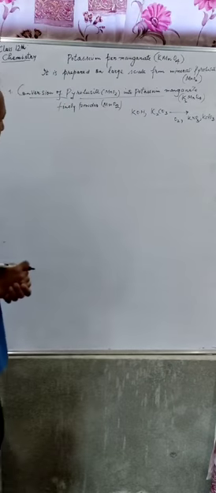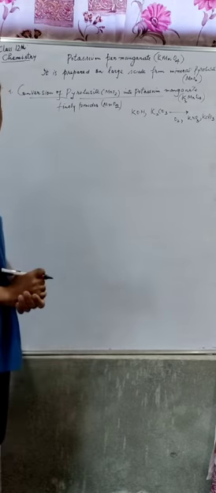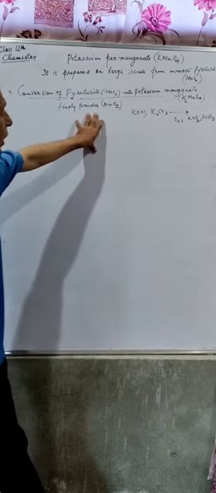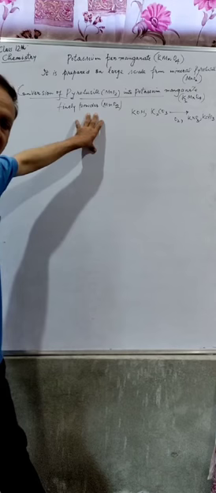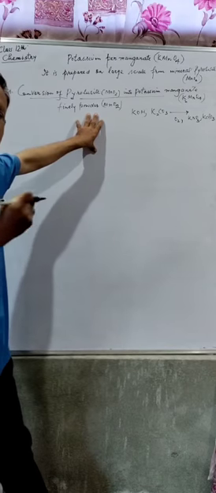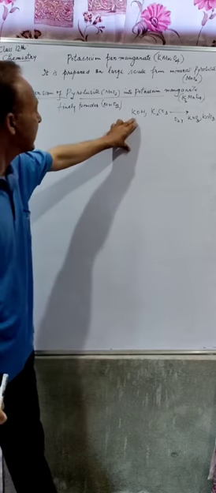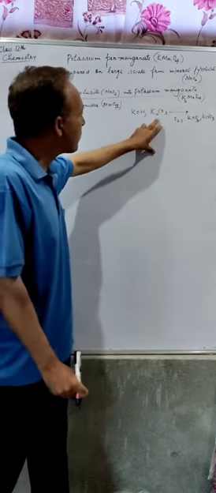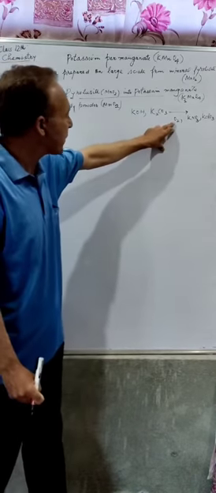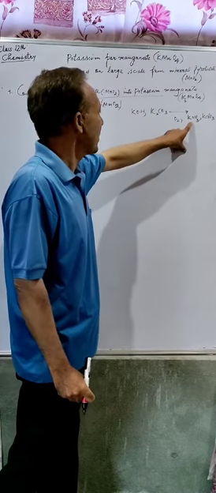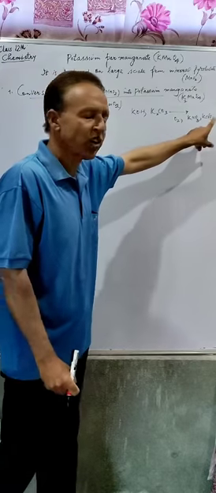In the first step, we powder the pyrolusite, finely powdered MnO2, and fuse it with either potassium hydroxide or potassium carbonate in presence of air or in presence of the catalyst, that is KNO3, potassium nitrate, or potassium chlorate.